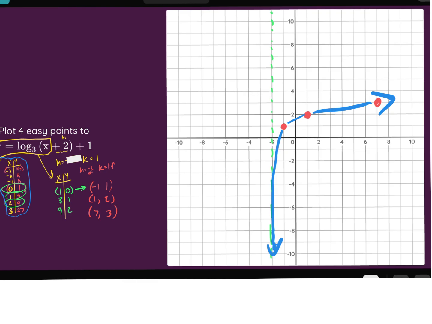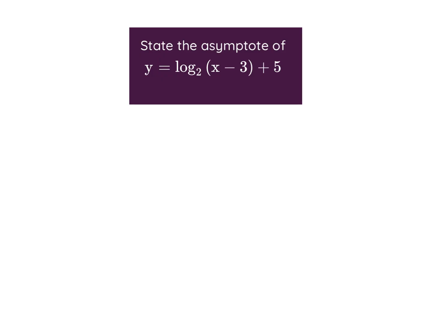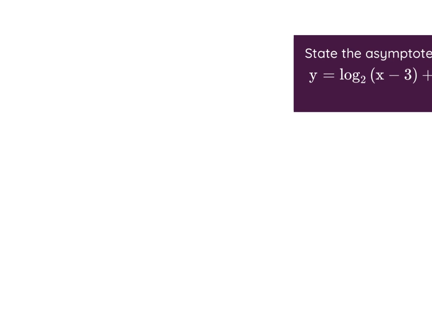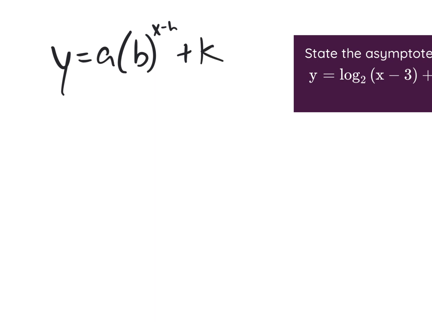So on an exponential growth function, before we even get to this example, you have something like y equals a, parenthesis, the base, to the power of x minus h, and then plus k. And we know that the h and the k are the shifts, right? And we also know, like for example, let's do a simple one, y equals 2 to the x.